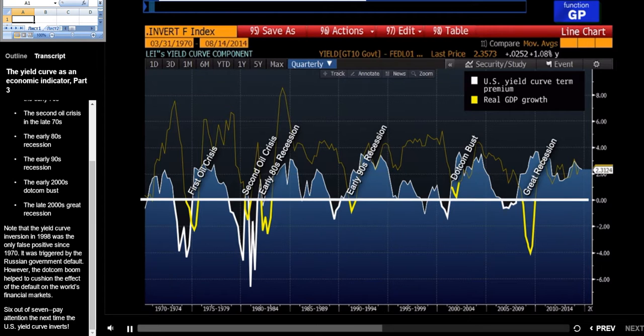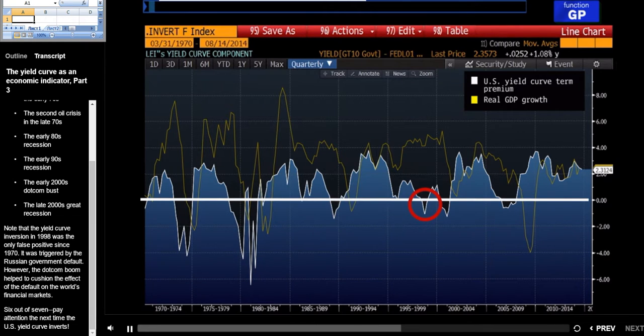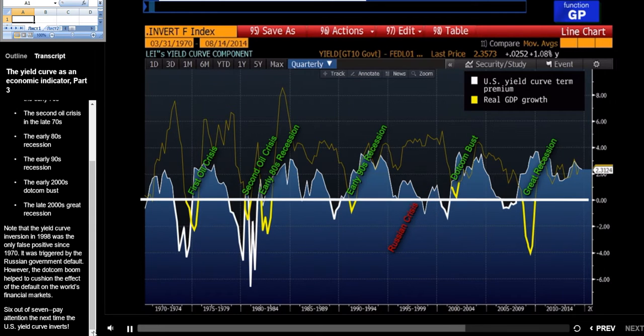Note that the yield curve inversion in 1998 was the only false positive since 1970. It was triggered by the Russian government default. However, the dot-com boom helped to cushion the effect of the default on the world's financial markets. 6 out of 7. Pay attention the next time the U.S. yield curve inverts.